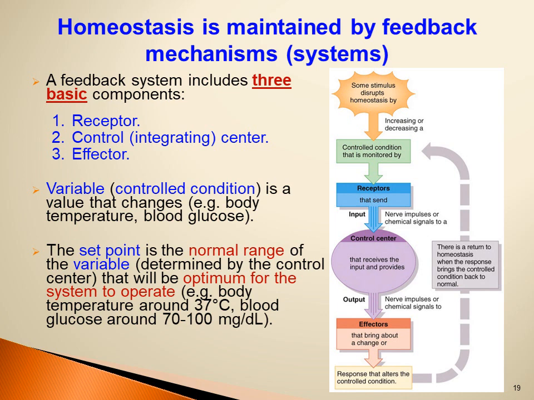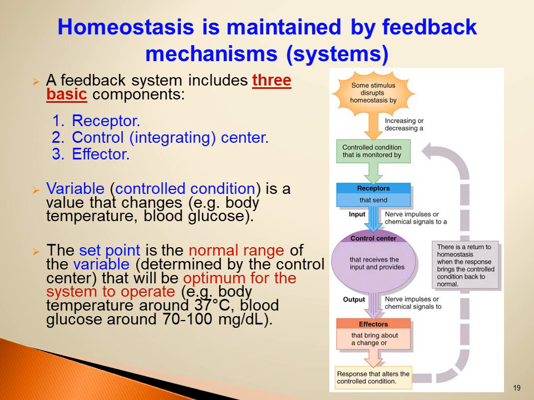For example, the set point for our body temperature is around 37, and this is set by the brain. The normal range for blood glucose is between 70 and 100 milligrams per deciliter, and this is set by the beta cells of the endocrine part of the pancreas.